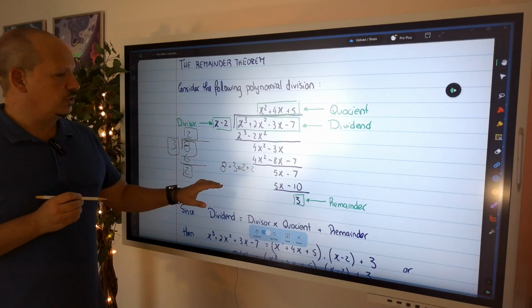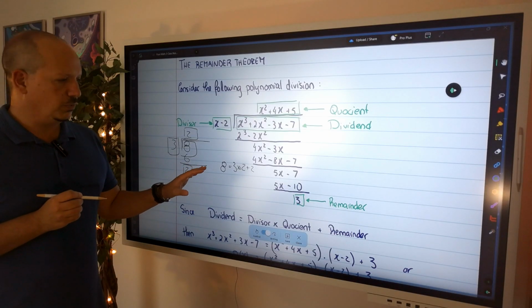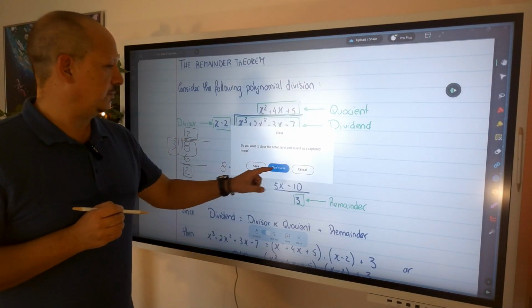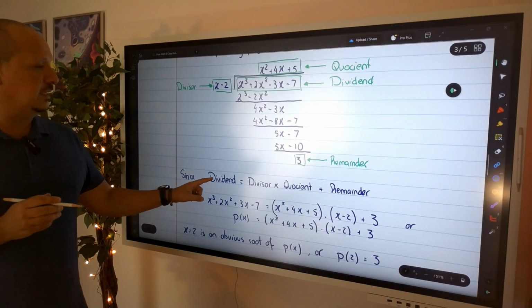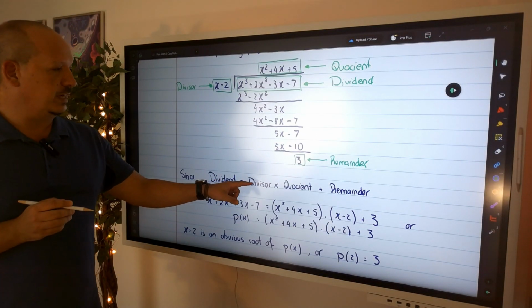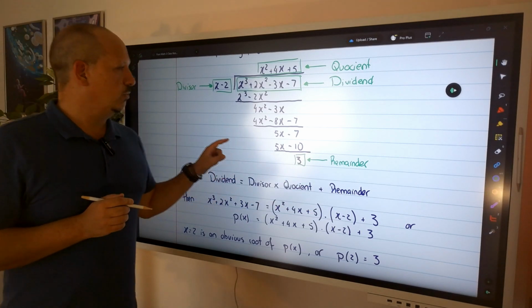This is true for whatever division you are taking. The dividend is always equal to the divisor times the quotient plus the remainder.